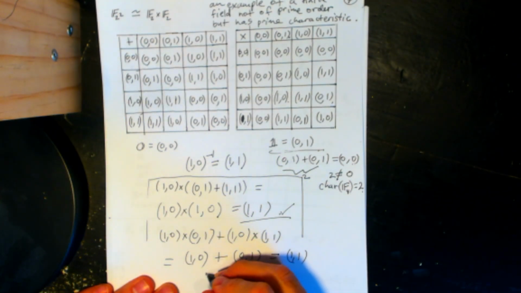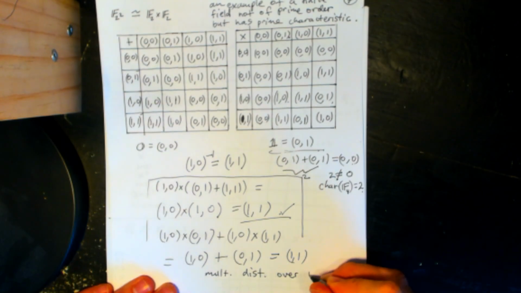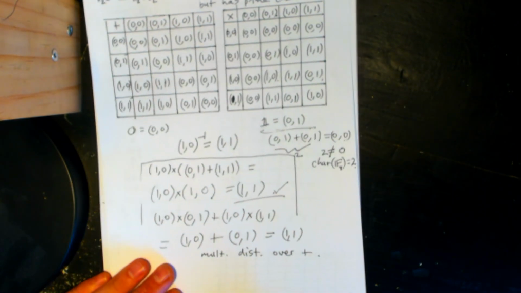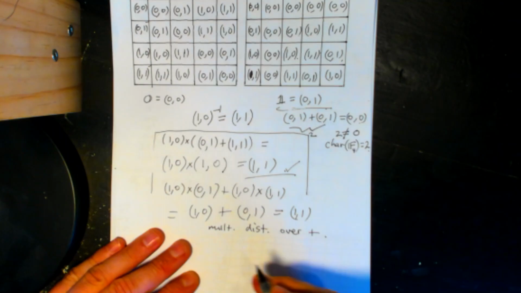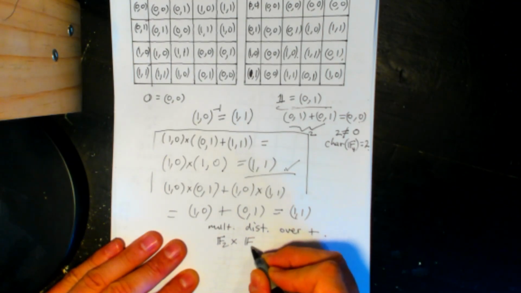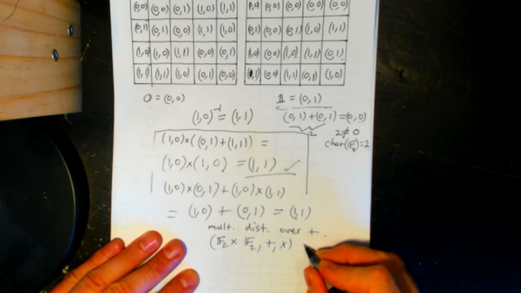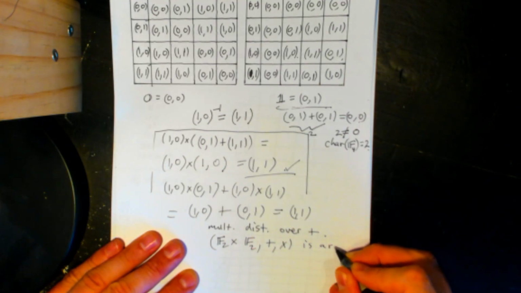Okay, so we see then that multiplication distributes over addition, and so that tells us that F2 cross F2 together with addition and multiplication is a ring.